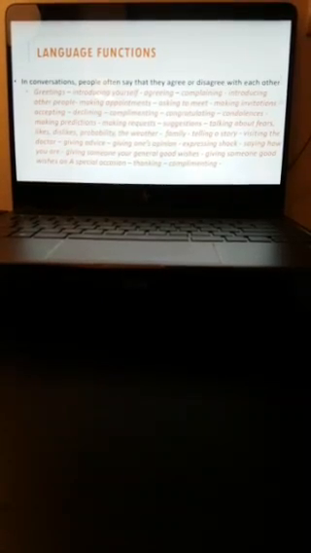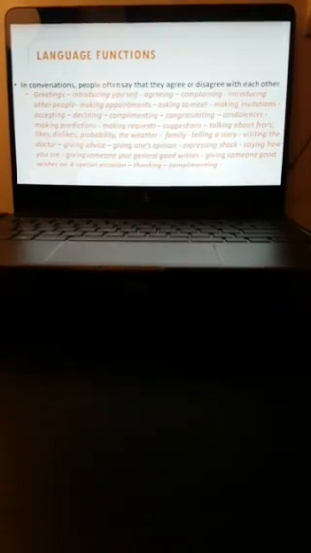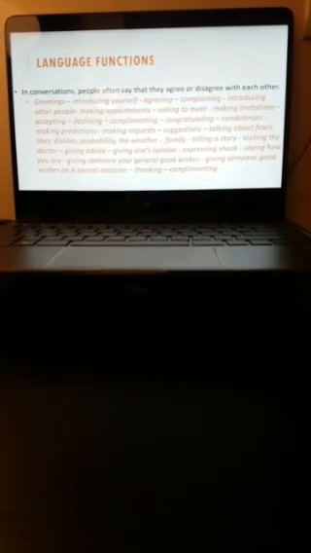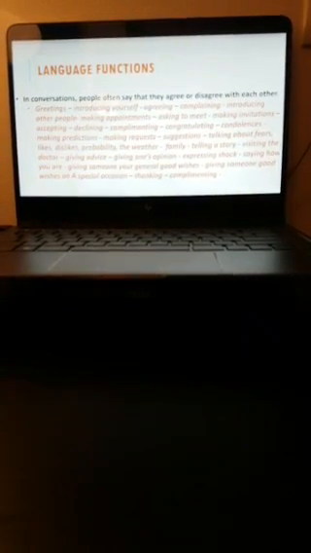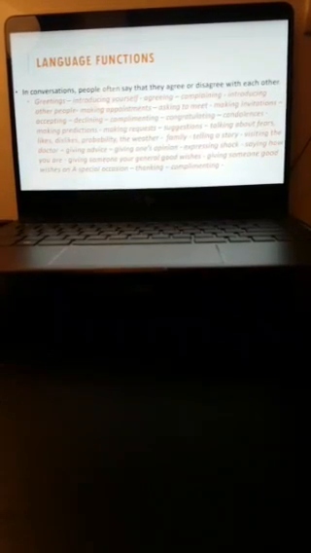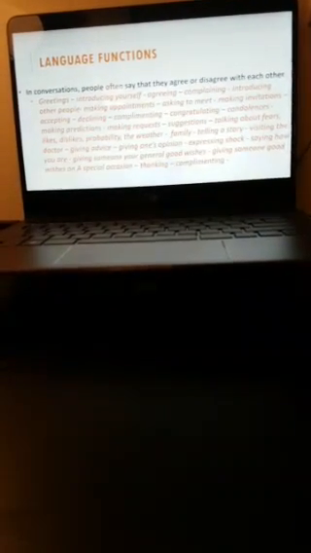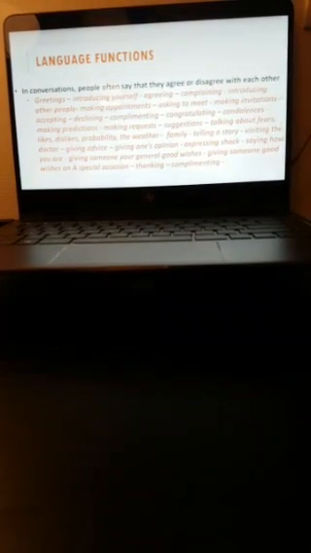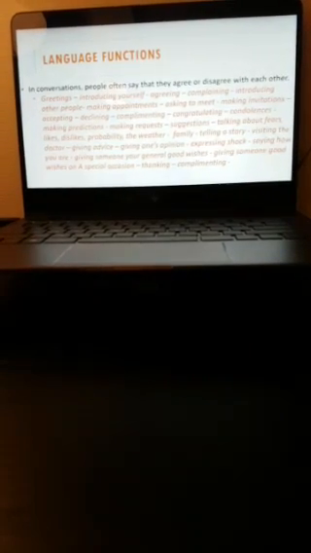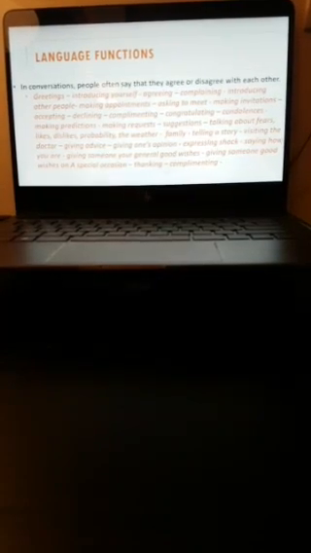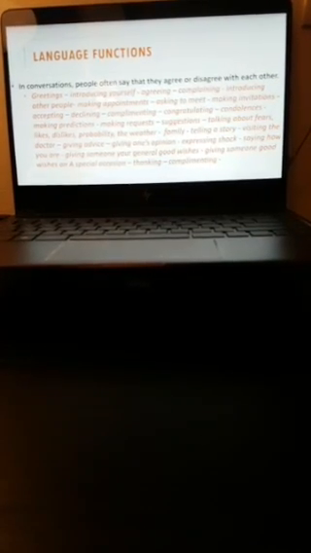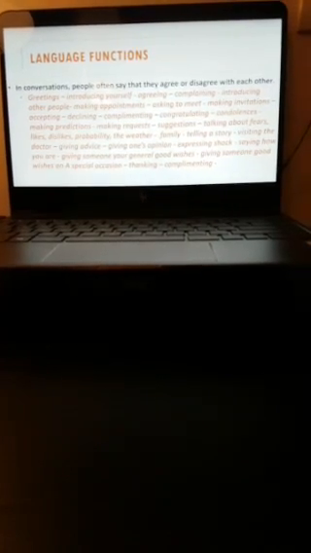Functions are expressions that we use every day when we greet each other, introduce ourselves, agree, disagree, complain, make appointments, give condolences, congratulations, compliments, making predictions, requests, telling a story, visiting the doctor, giving advice, and so on. There are whole books about language functions.